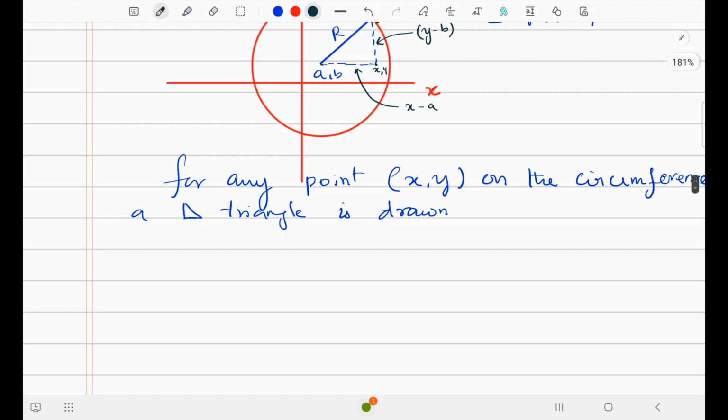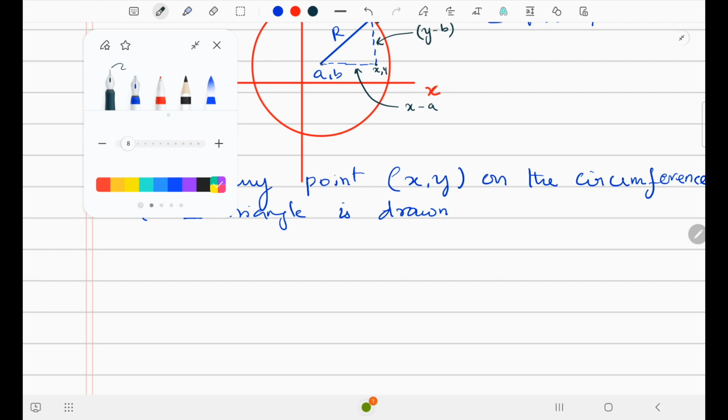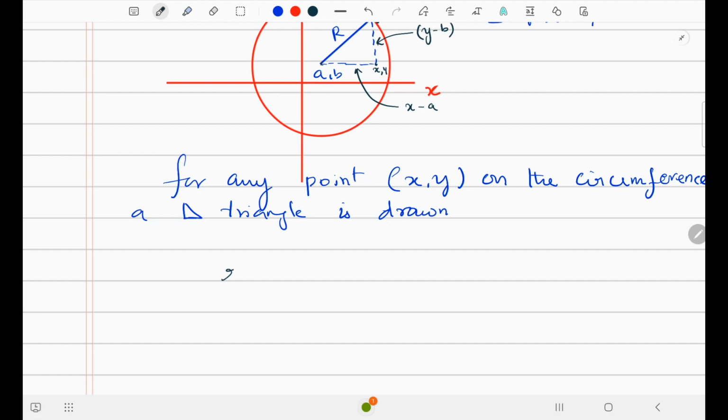So in general, in the previous example with the center 0, 0, if the circle has the center 0, what is the equation? r square equals x square plus y square, right?